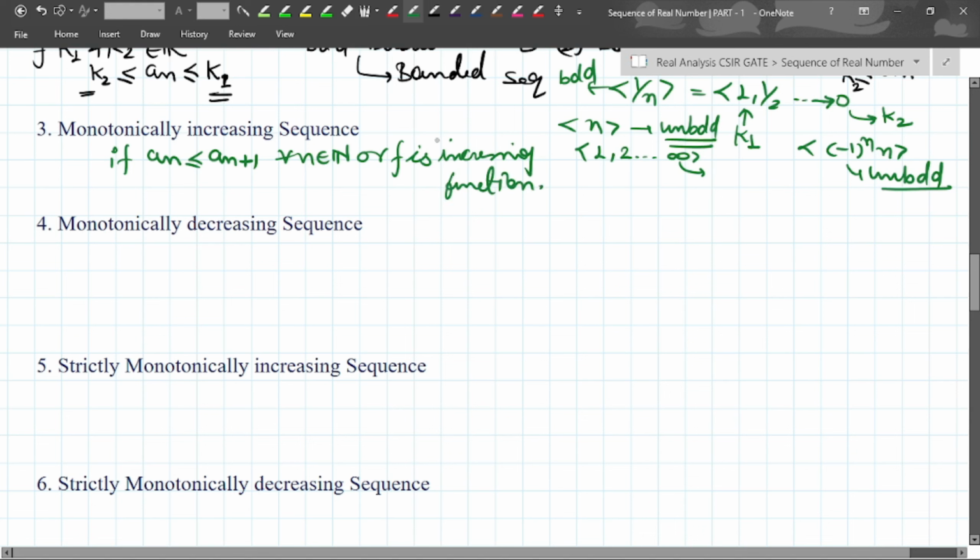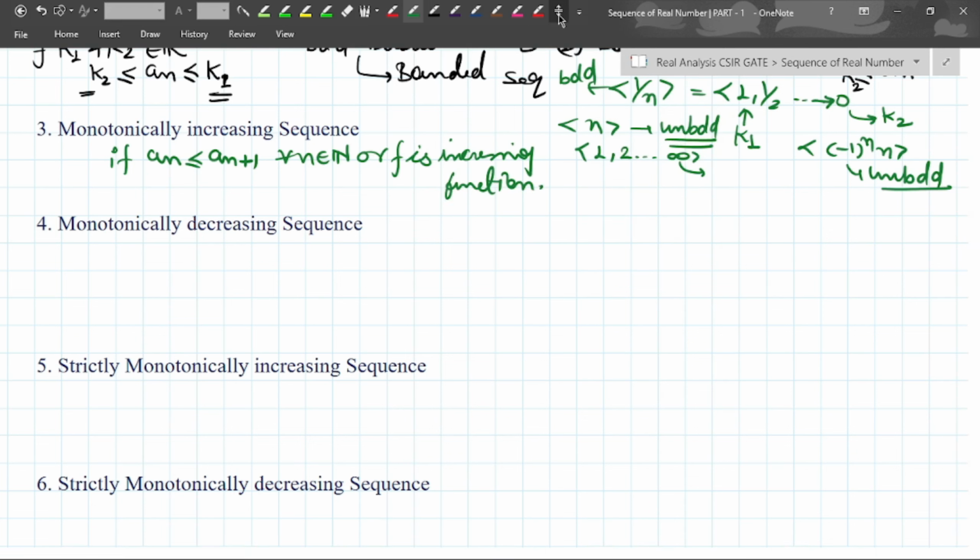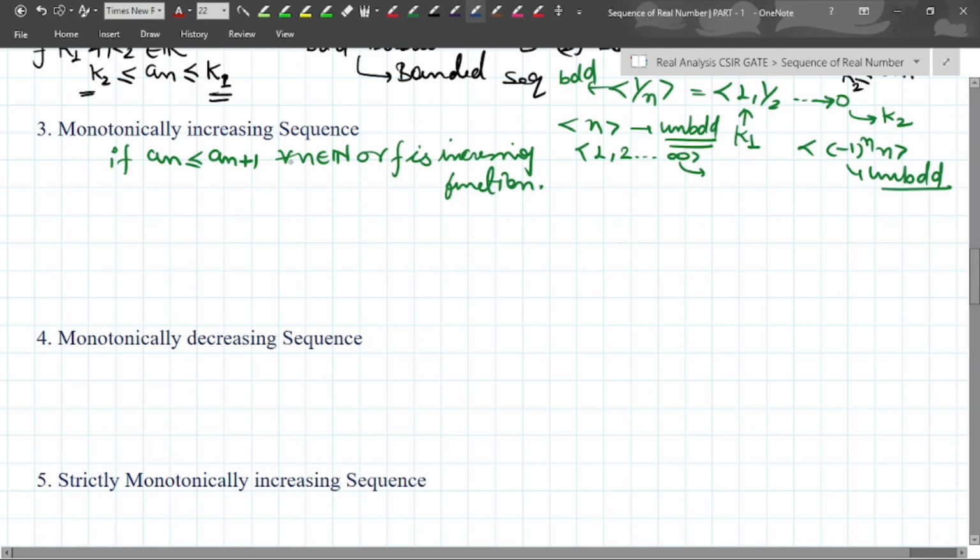Let's take one example here, for example n: 1, 2, 3. You can see 1 is less than 2, 2 is less than 3, and again 3 is less than 4. So it will go up to infinity. So this is monotonically increasing.